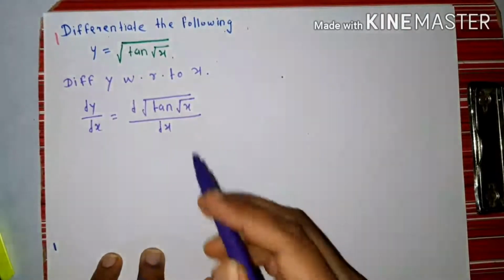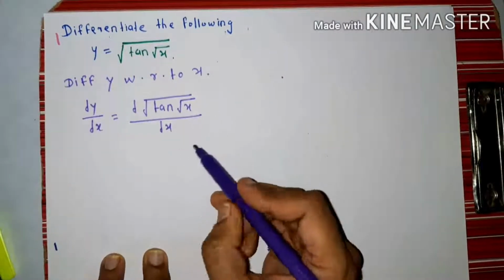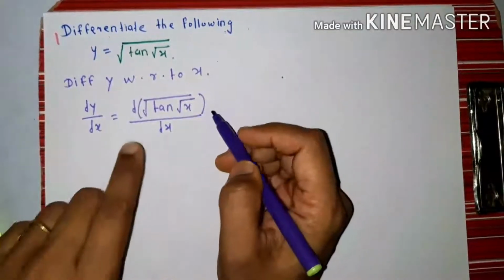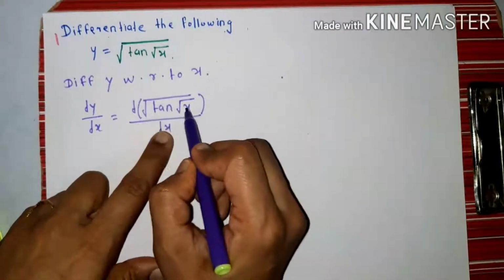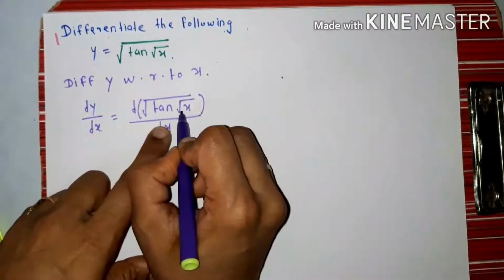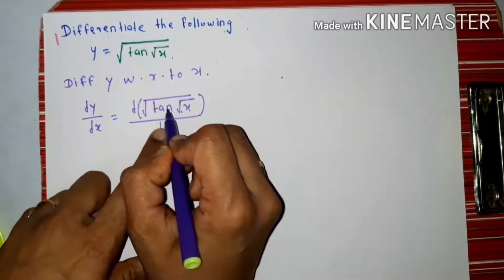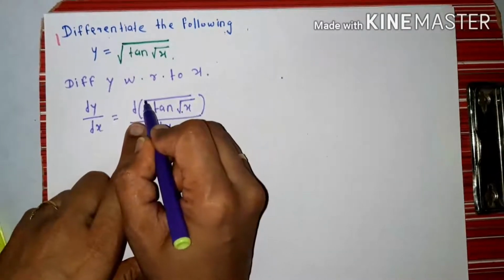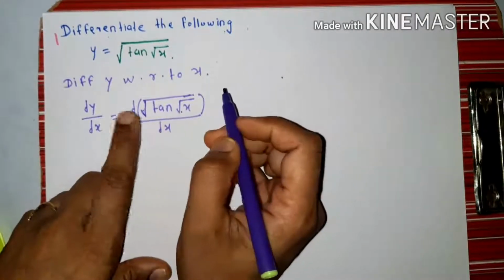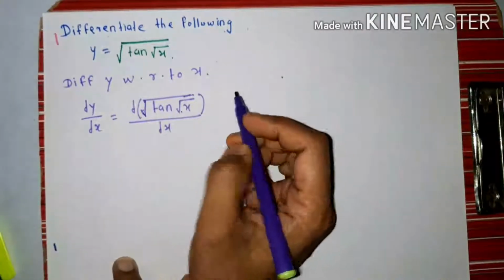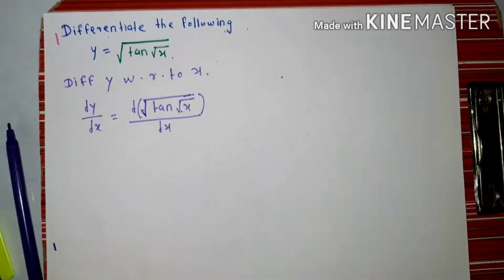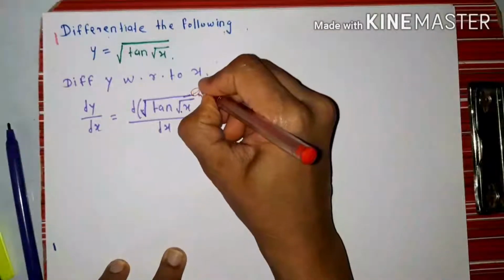By using the second method, we will solve these examples now. So to solve this by the second method, see here. We have to differentiate root of tan of root of x. So here, before that, tan is a function of root x, but again the tan of root x is a function in a square root. Tan of root x, this function is in the root. So first, while differentiating, we have to differentiate first by the square root.